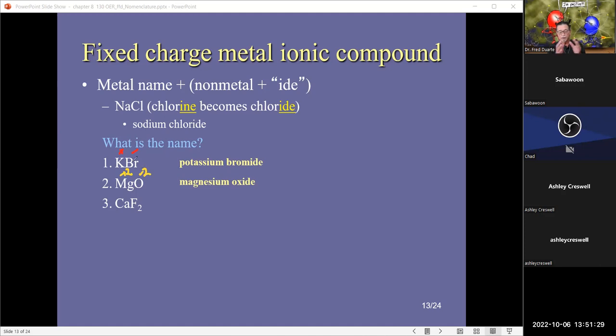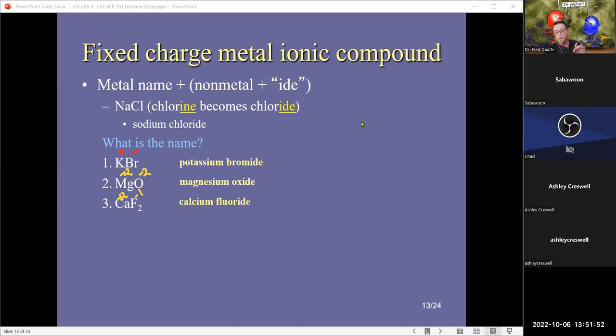So again, you can put them together 1-to-1. The calciums are +2, they're in group 2, and each fluoride is a -1. So therefore, I need 2 of the fluorides to cancel out the +2 of the calcium. Okay. Its name is simply calcium fluoride.